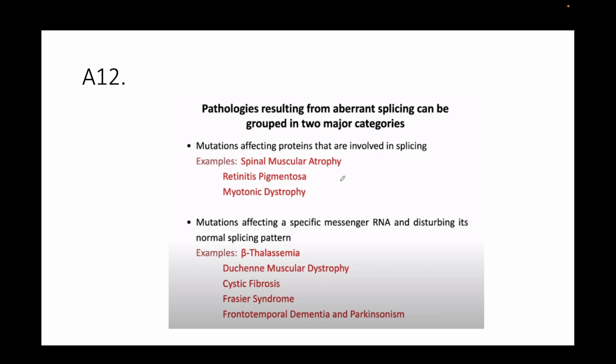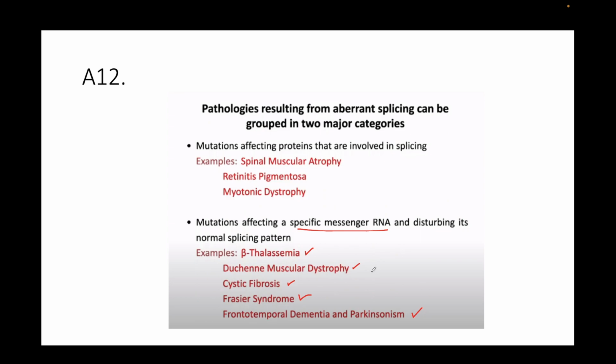Okay, the next category is mutation affecting a specific mRNA, or messenger RNA, and disturbing its normal splicing pattern, which is very common in beta thalassemia, Duchenne muscular dystrophy, cystic fibrosis, Frasier syndrome, and frontotemporal dementia and parkinsonism.